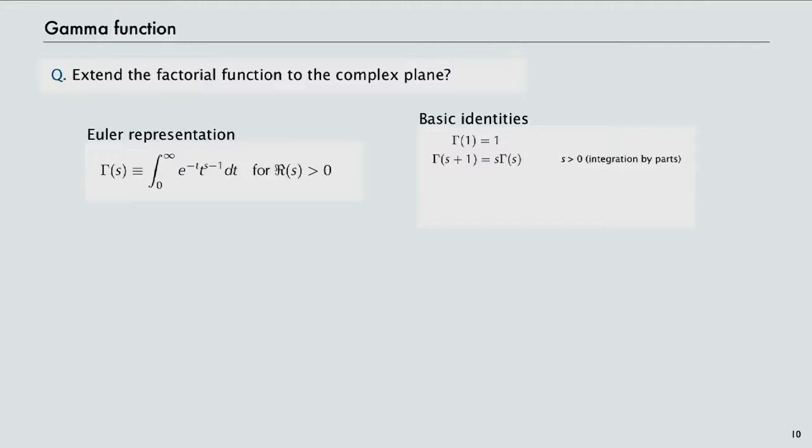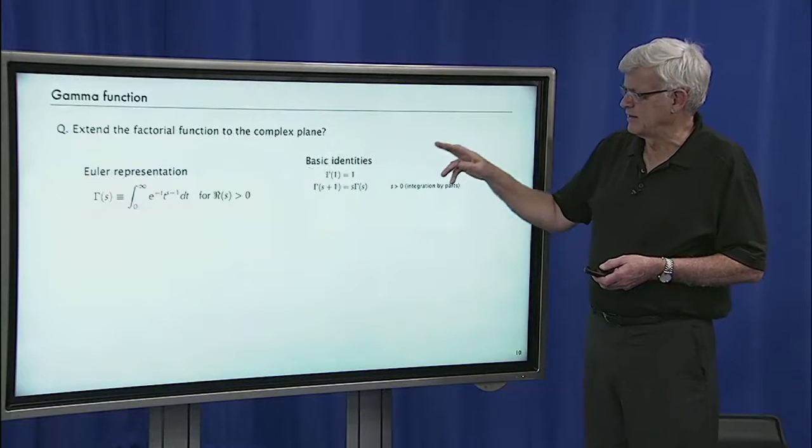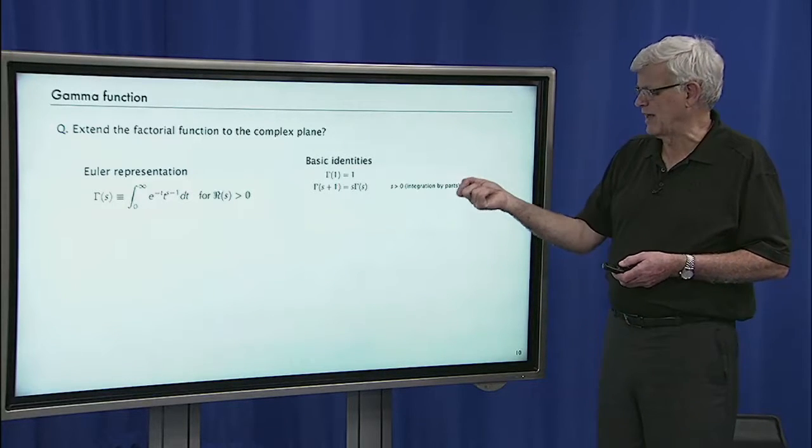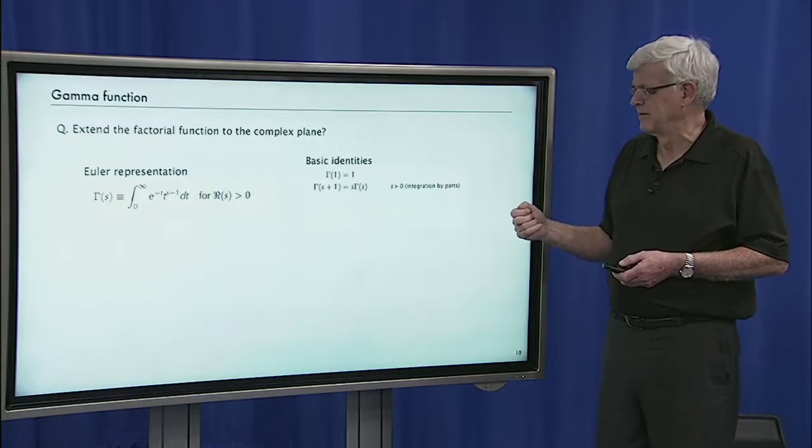You use integration by parts to get the key identity. Well, first of all, if you take gamma of 1, that's just the integral of e to the minus t from 0 to infinity. It's just 1. But if you do integration by parts, then it's very easy to show that gamma of s plus 1 equals s times gamma of s.